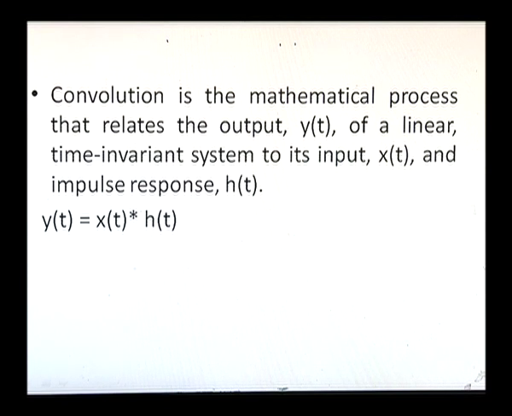Its convolution response is represented as y of t is equal to integral from minus infinity to plus infinity of x of tau into h of t minus tau, with respect to d tau. This is the formula for a continuous signal.